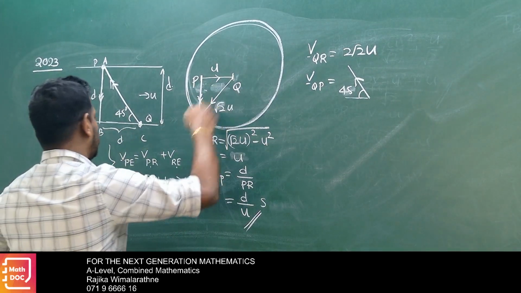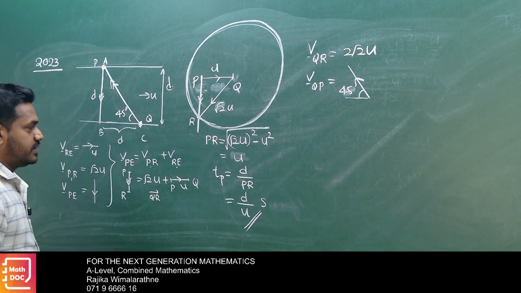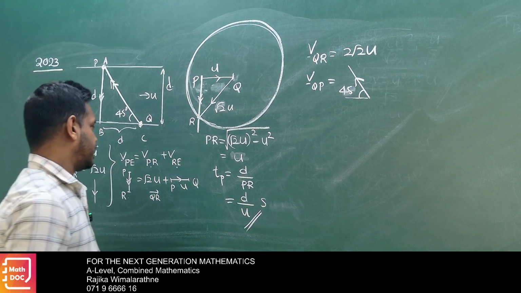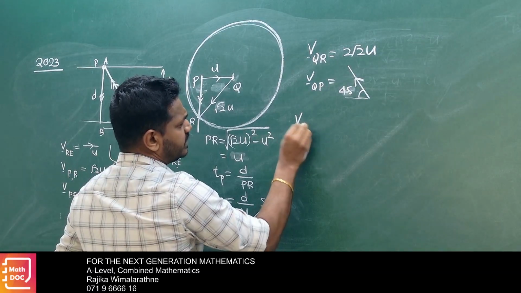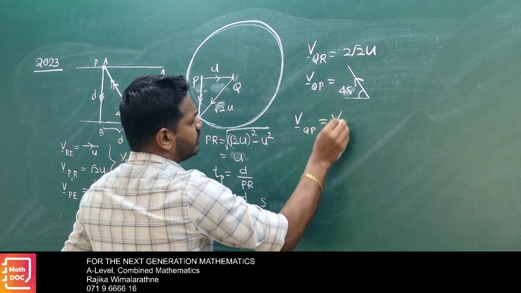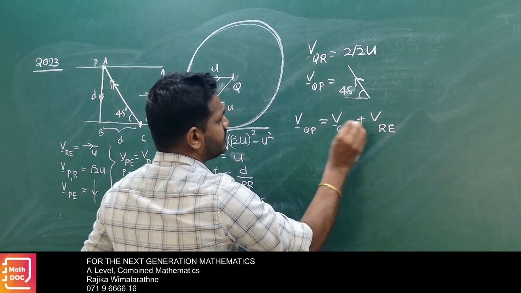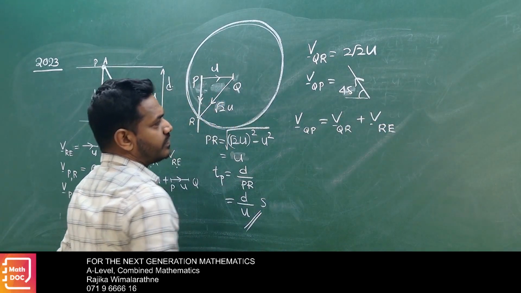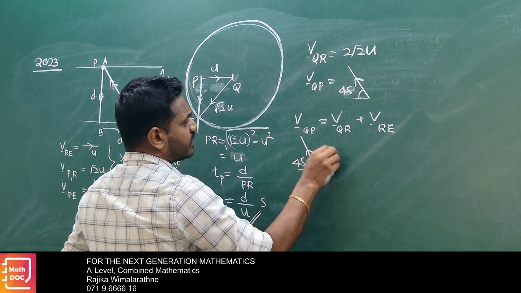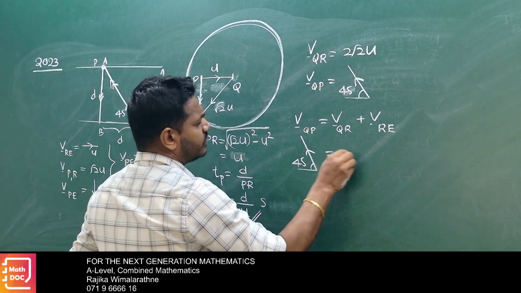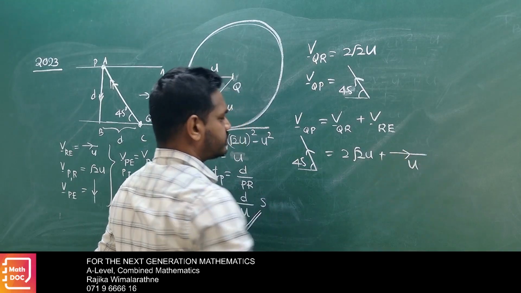Then here the QR vector is the velocity of Q with respect to river. Now write the relative velocity: VQP equals VQR plus VRE, at 45 degree inclination, with 2 root 2u and u.